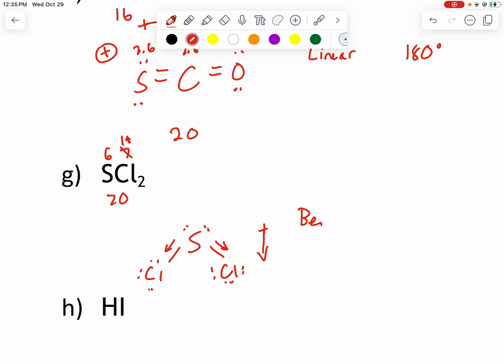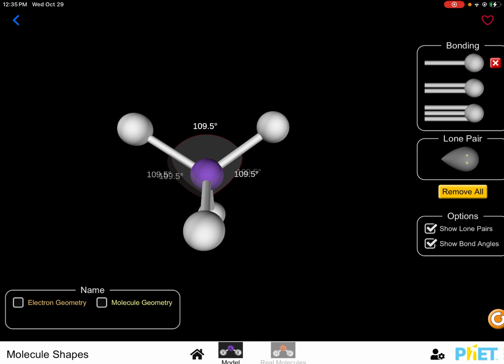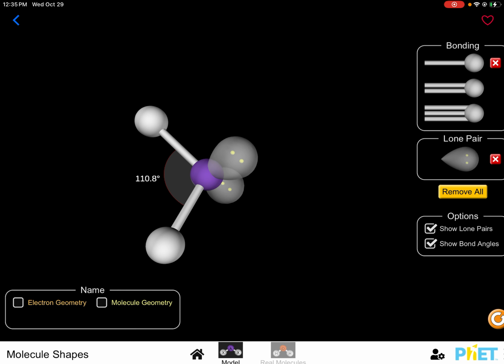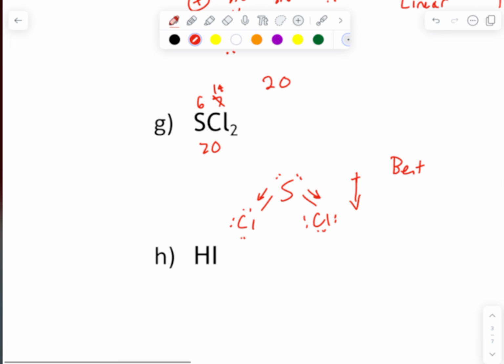This is a bent shape. If we look at the PhET here, here's a bent structure, and you can see the bond angle is 109.5. So just like the tetrahedral bond angle, bent is the same between the two bonded atoms.